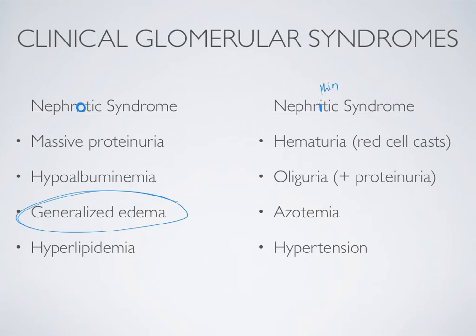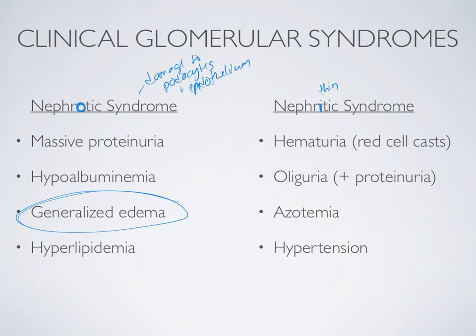And that's because they have massive proteinuria. The damage caused in nephrotic syndrome causes proteins to leak. So most of the time, nephrotic syndrome ends up being damage to podocytes and also the endothelium, sorry, which allows protein to leak into the filtrate. Lots and lots of protein.